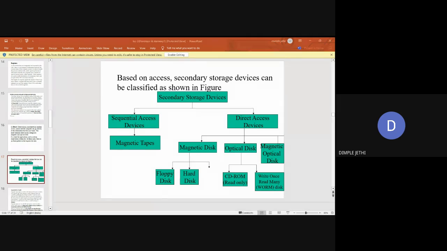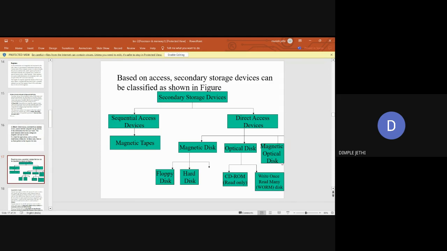That is called direct access. You can directly go to a particular record. If you have to listen to the 90th record, you can directly go to that record. You don't have to pass through 1 to 89. So that is sequential access devices and direct access devices. All the storage devices you have will come under sequential or direct.